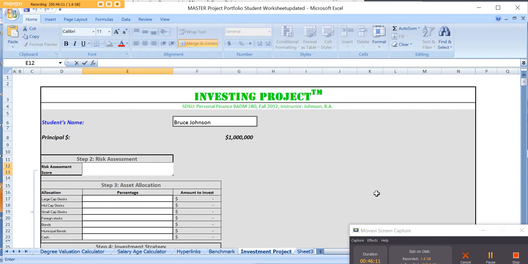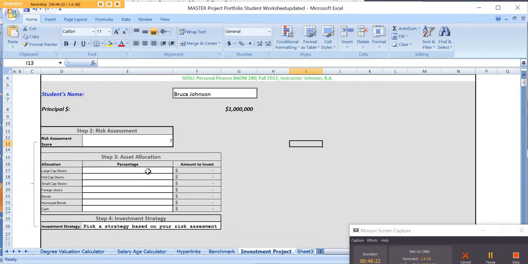I'm going to enter that converted score, which is 7. Now I have to fill out all these cells here, so I need to go out and get an asset allocation.